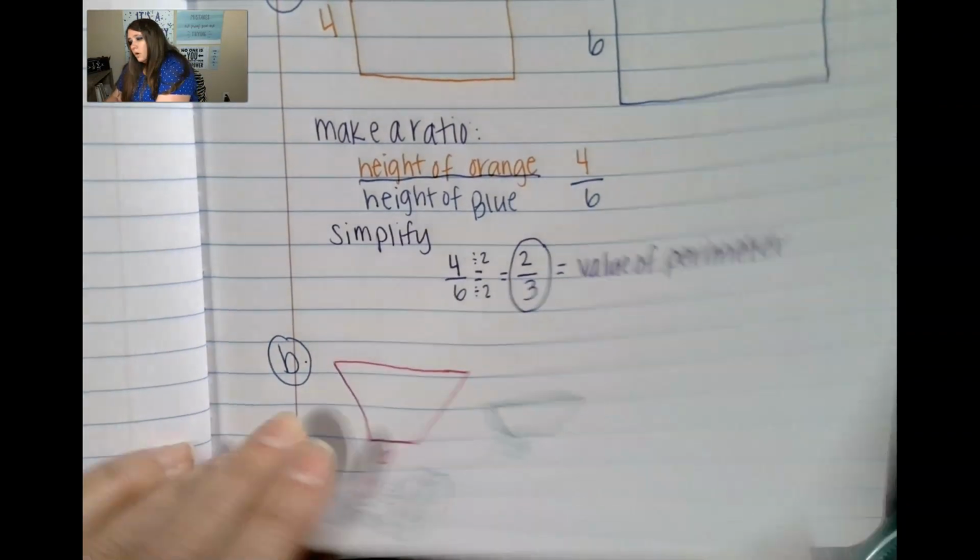Okay, now we're going to go on to area. So we want to find the value of the area between similar figures now. And the way that we find the value in similar figures is, it says that when two figures are similar, the value of the ratio of the areas is equal to the square of the ratio.